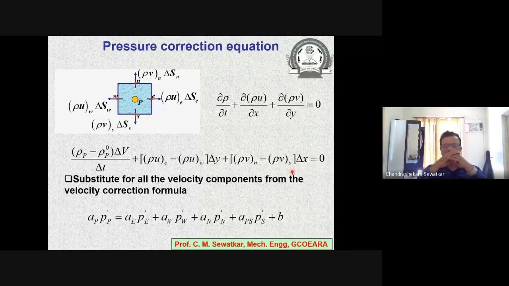Now, in this continuity equation, we have UE, UW, VN, VS. These velocities can be written in terms of pressure correction.